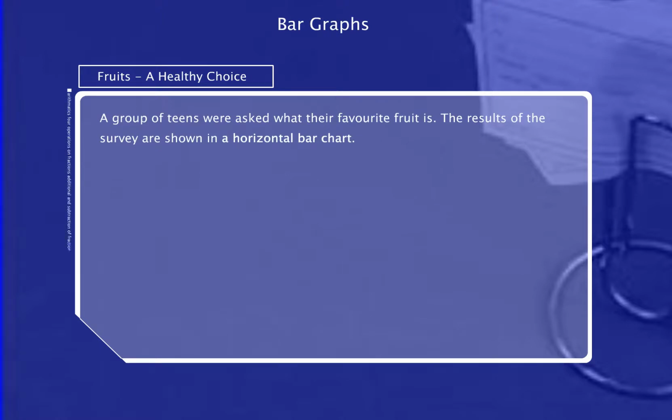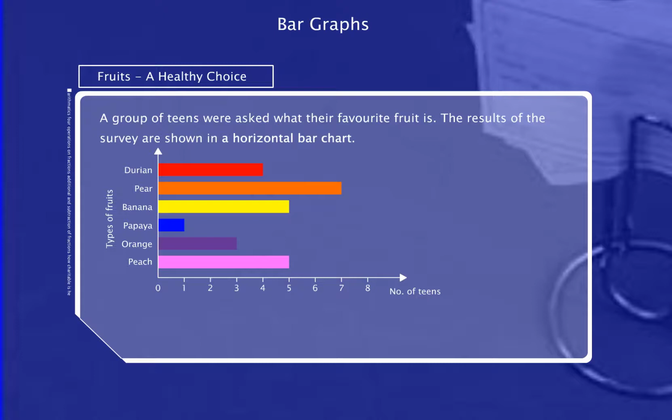A group of teens were asked what their favorite fruit is. The results of the survey are shown in a horizontal bar chart. How many teens participated in the survey? What is the least popular fruit?